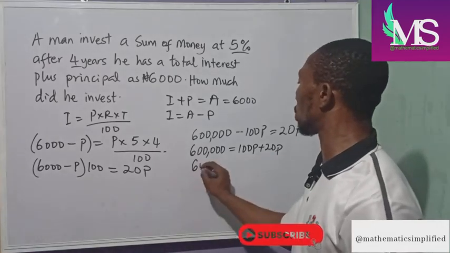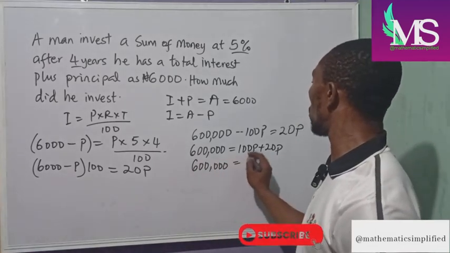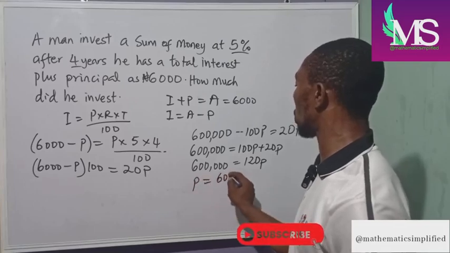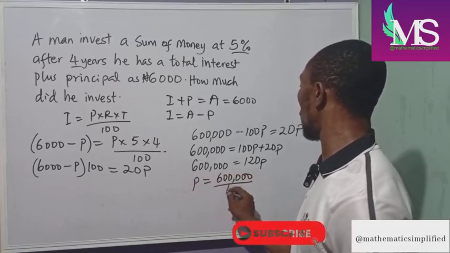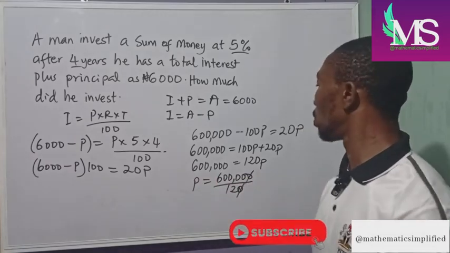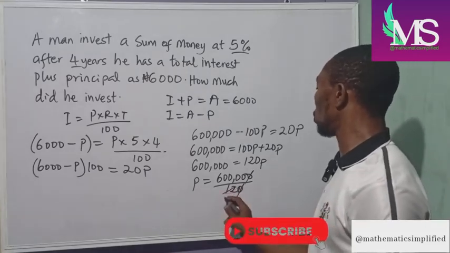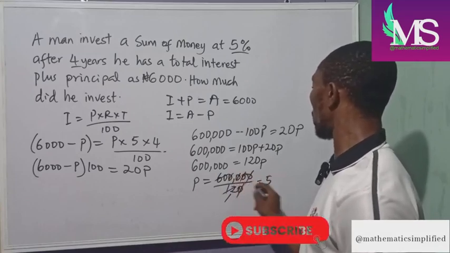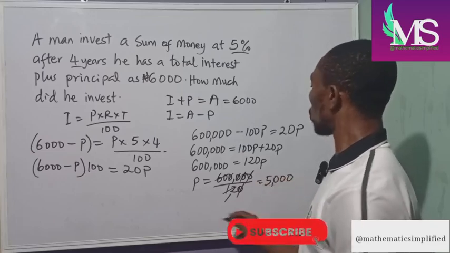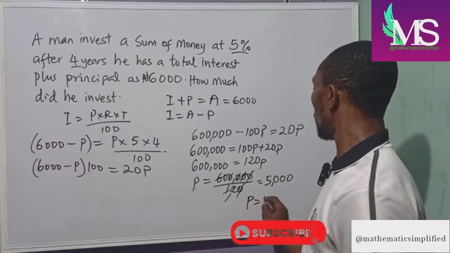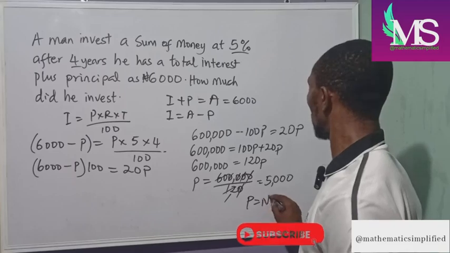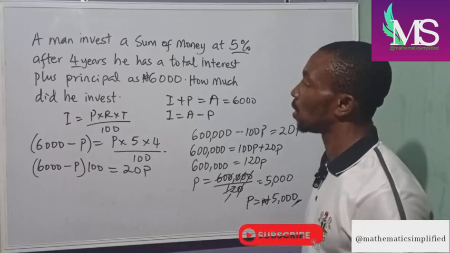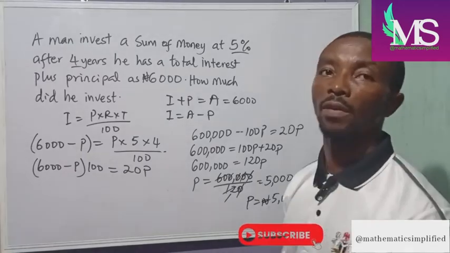So 600,000 equals 120P. So our principal will become 600,000 divided by 120. 0 cancels 0. Now, 12 into 12, 1. 12 into 60, 5. So our principal P will be 5,000 naira. So the man actually invested 5,000 naira.